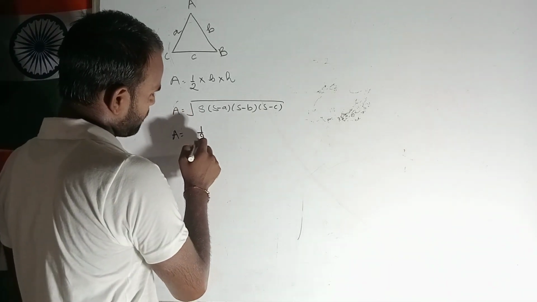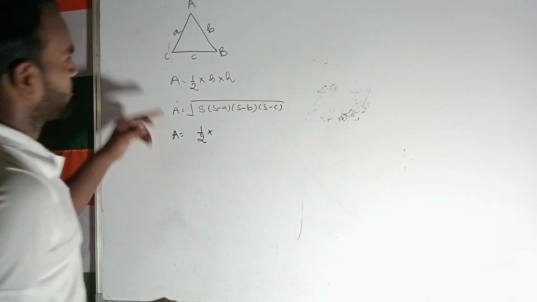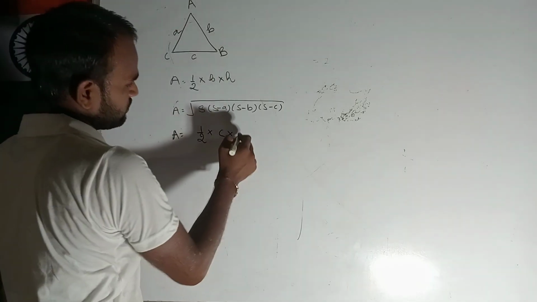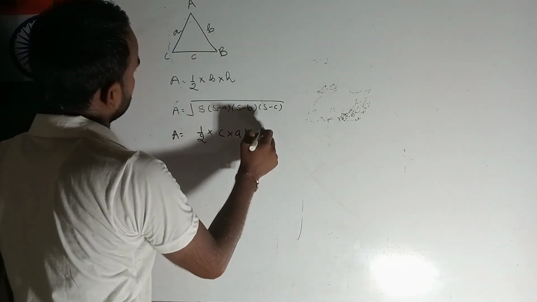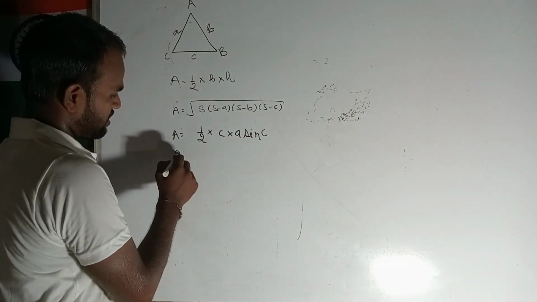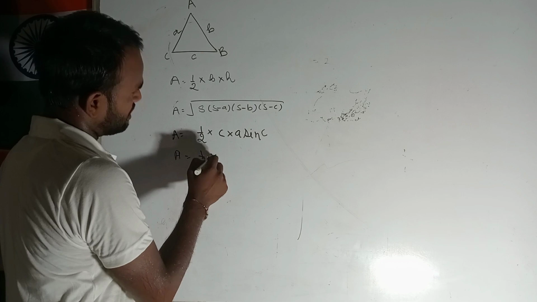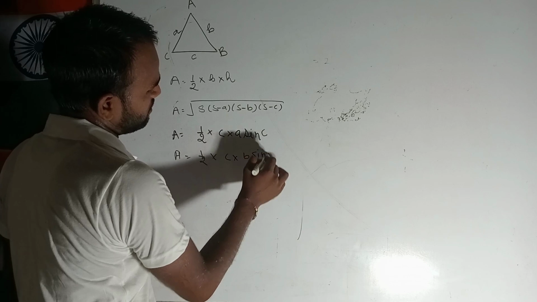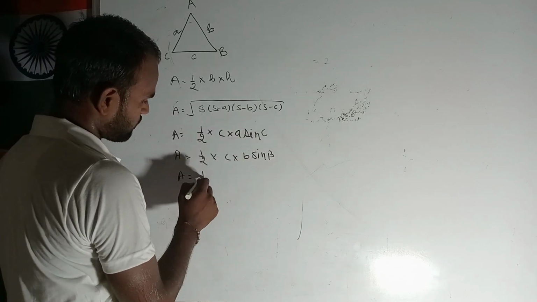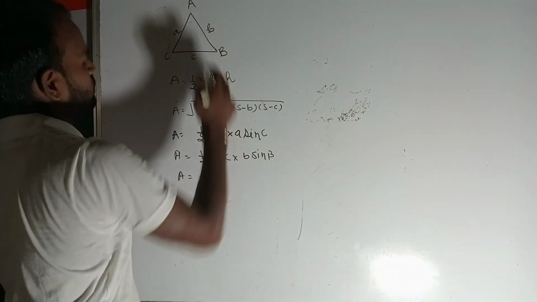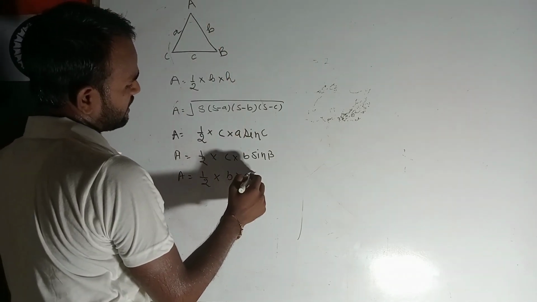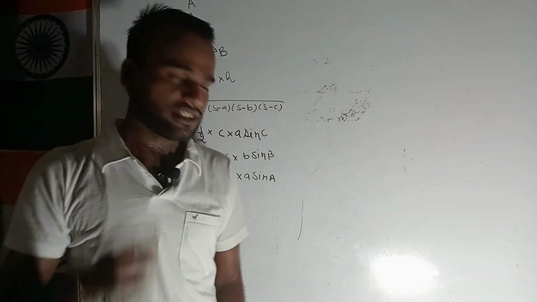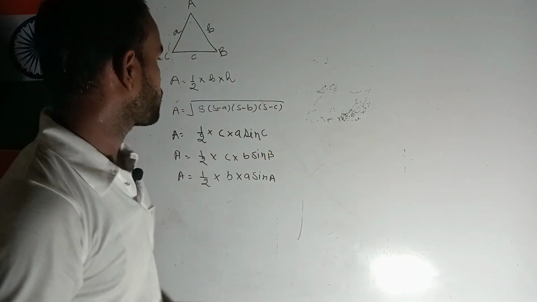Half into C into A into sine of the angle between them, angle C. Again half, let's take these two sides C into B, then the angle will be sine B. Let's take another half, B into A, and the angle will be sine A. So this is another formula, using the angle between two sides. We can find the area by using these three.